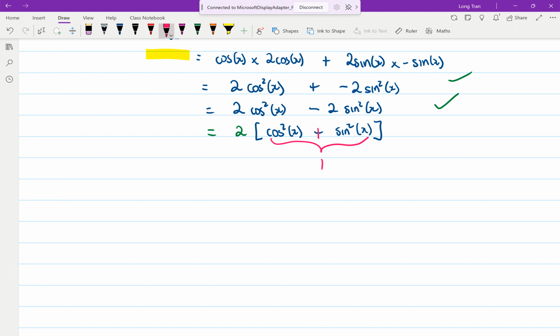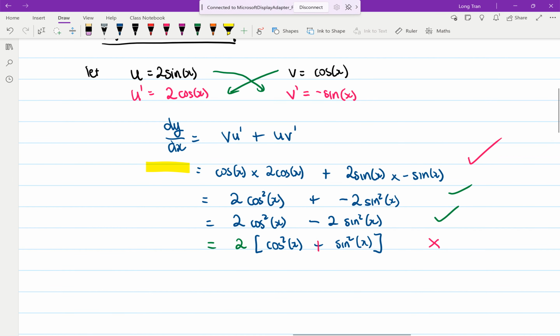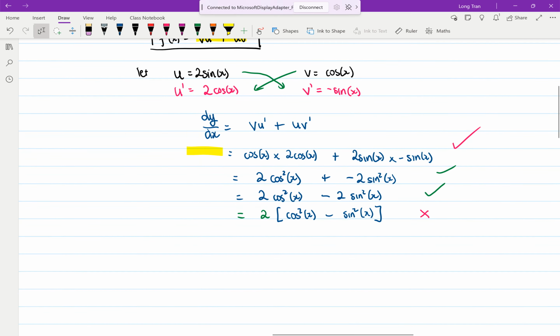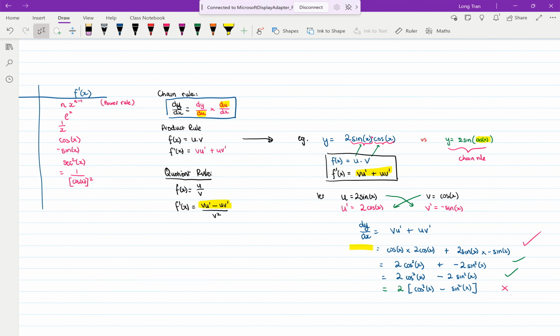That's one of the identities that they will sometimes use, and they might not give you the mark even if you got up to this step, and that means the answer had to be 2. But that's more of a year 12 question at that point. Up until this step, you're using product rule. But this is minus, so you can't use it. All right, that is your example of a product rule.